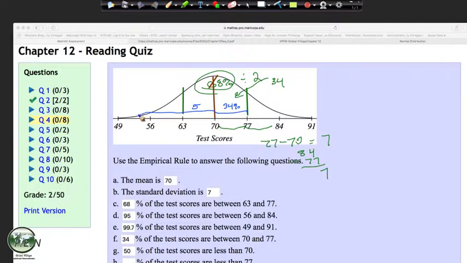So the part below 77 must be 50 plus 34. That's really all you end up doing: you figure out areas and maybe add or subtract them. So that's 84%. And that will go down below.